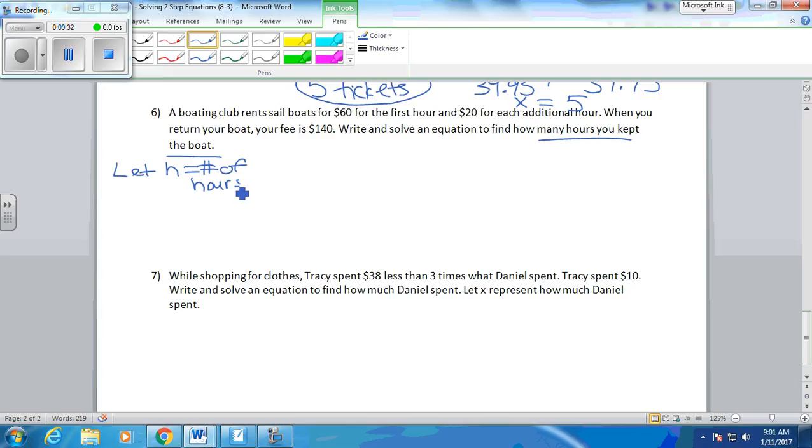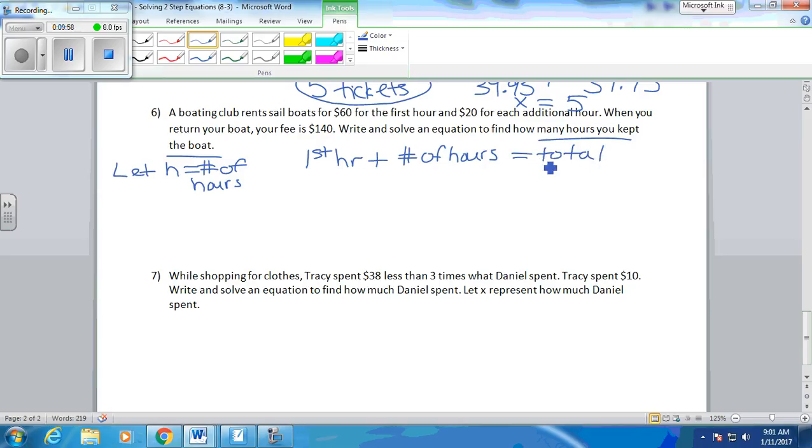So the equation, if I rent the sailboats for $60 for the first hour, I have to pay that first hour fee plus the number of hours after each additional hour to give me the total for my answer.